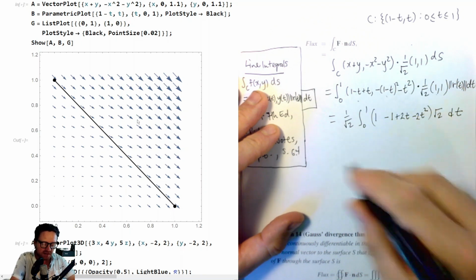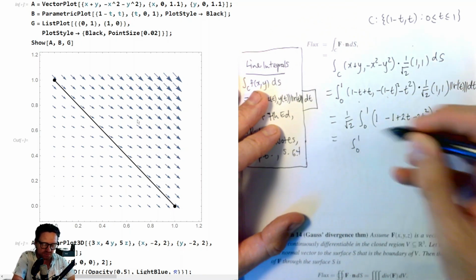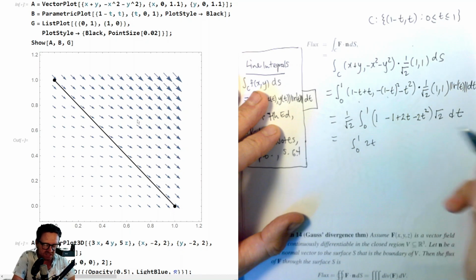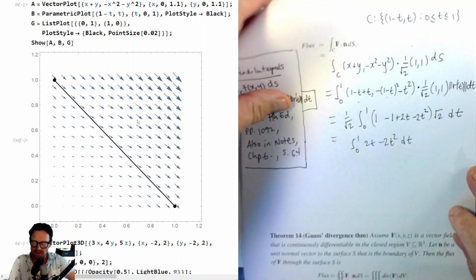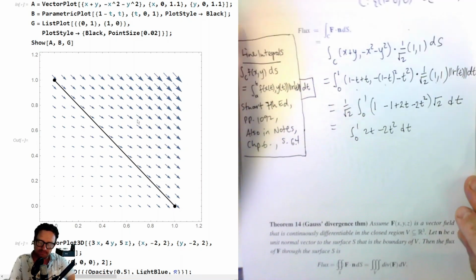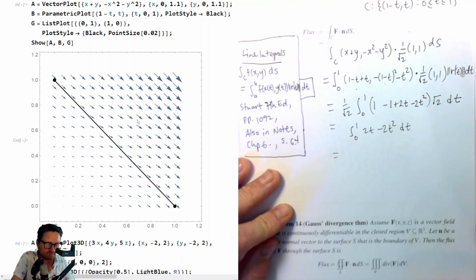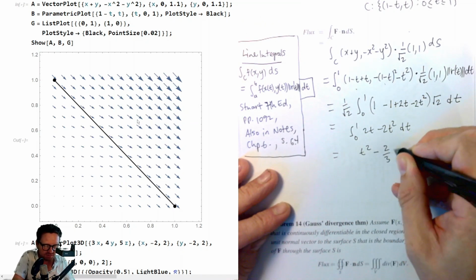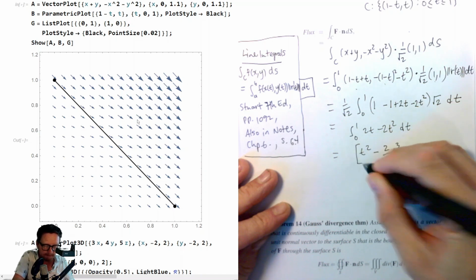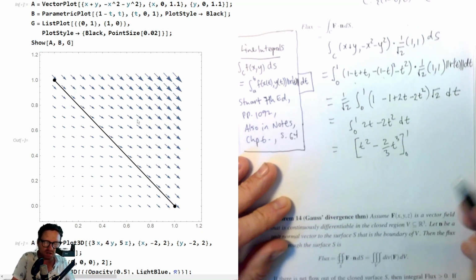And these ones vanish, so we've got the integral from 0 to 1 of 2t minus 2t squared dt. Okay, now this is fairly easy to complete. So we have t squared, and then we have minus 2/3 t cubed from 0 to 1.